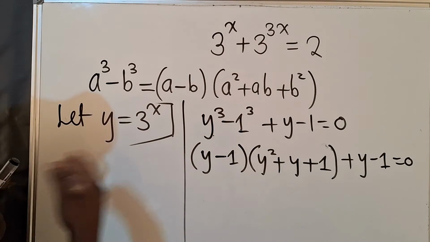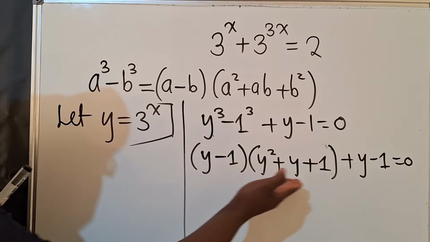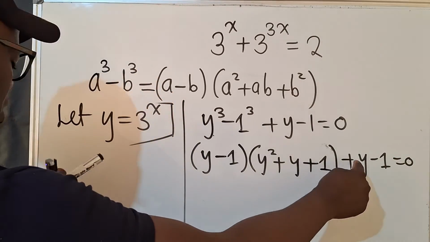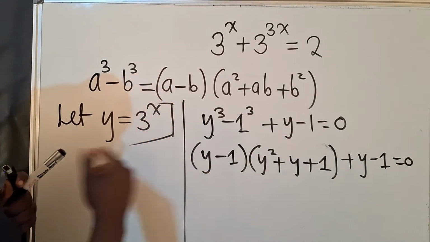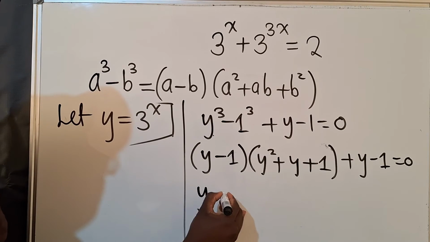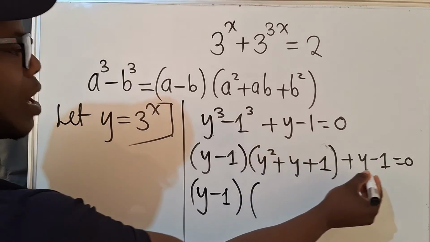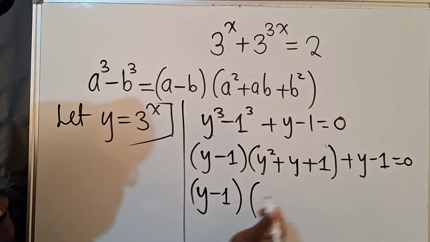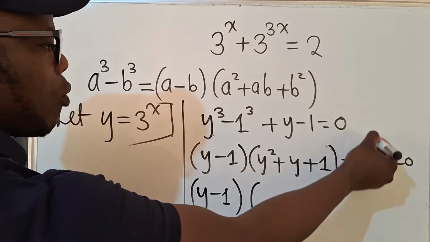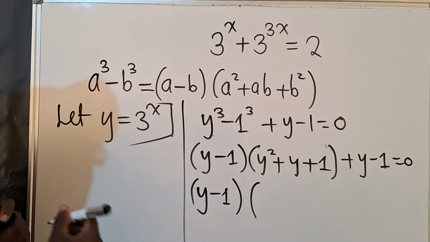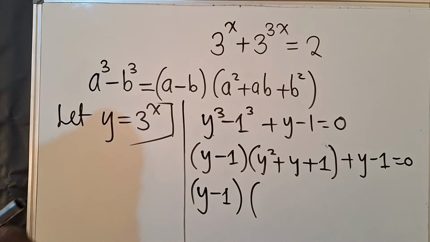Now, if you're able to see, this is one term, all of it, and this is one term. But there's a common element, which is y minus 1, right here and here. So I can write it outside the brackets like this, and I'll remain with this. And since this has been factored out, I'll remain with a 1 here, not minus 1, just a 1. All of this is out, so I'll remain with a 1. Remember factorization, the way it's done.